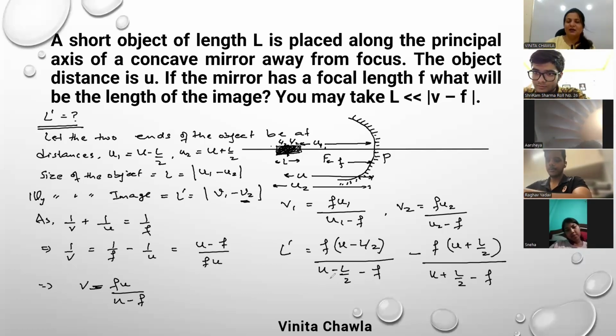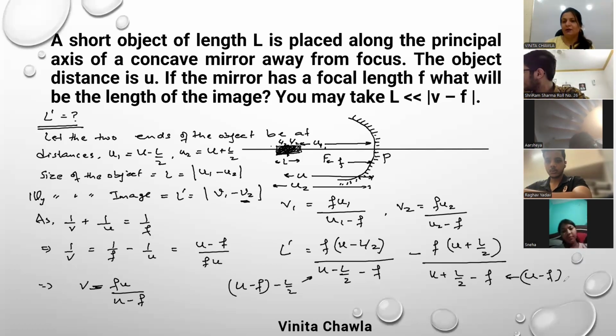Now we can see that in the denominator we have these two terms u minus f, है ना? So we can write them in bracket and plus L by 2, minus L by 2 अलग अलग हम लिख सकते हैं. No? है ना? We can write u minus f in one bracket and minus L by 2 here, and here we can write u minus f together and plus L by 2. It's like a minus b, a plus b.